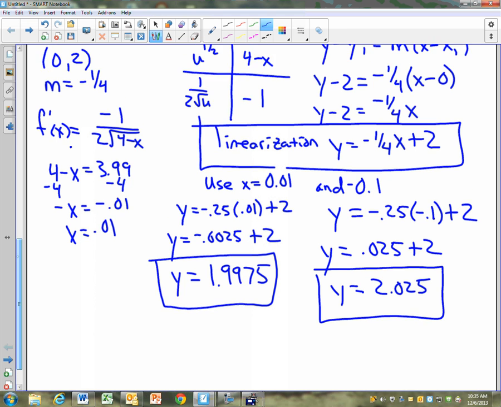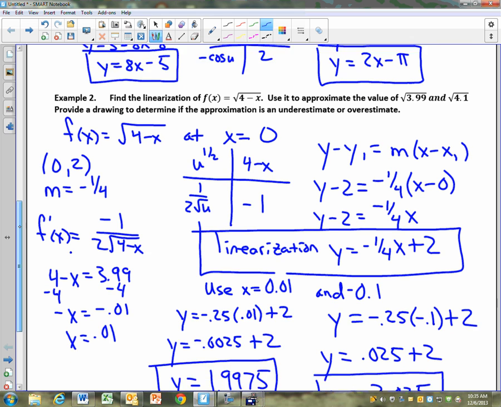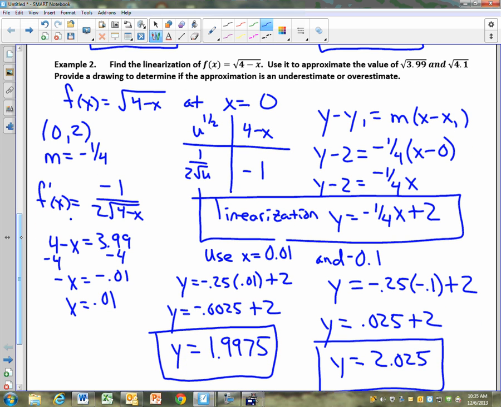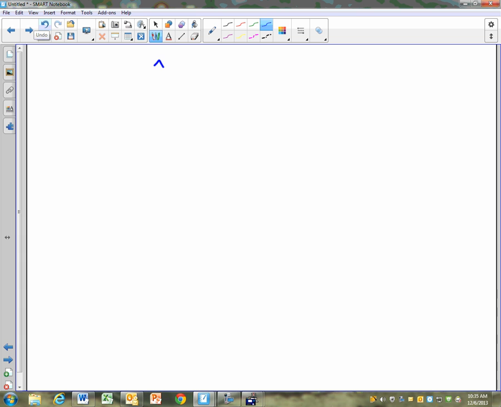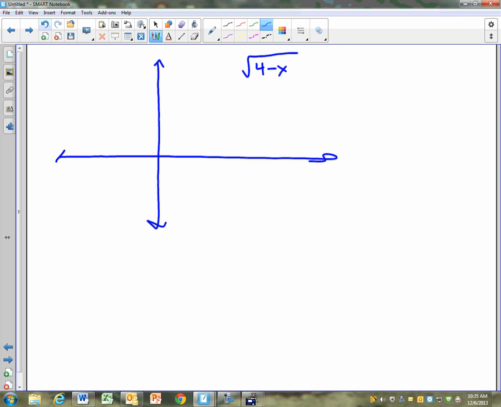Did I say draw it? Oh, yeah, we should draw it. It goes real fast. What shape is it? Yeah, and since it's a negative x, it's reflected over the y-axis, so it goes 1, 2, 3, 4.